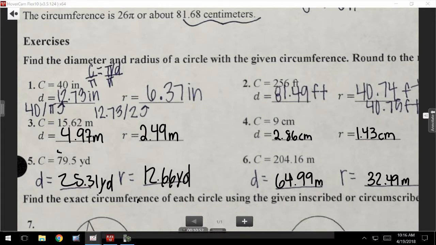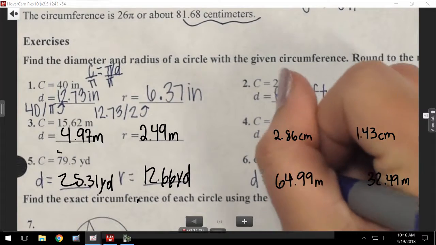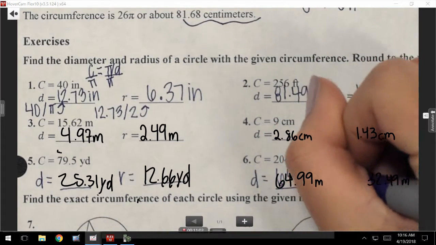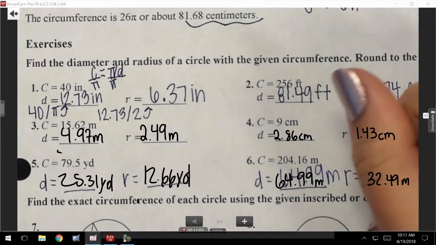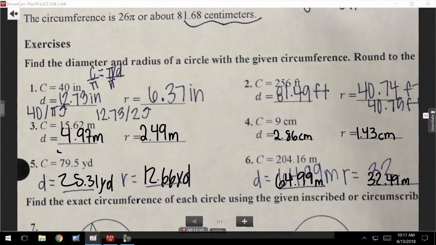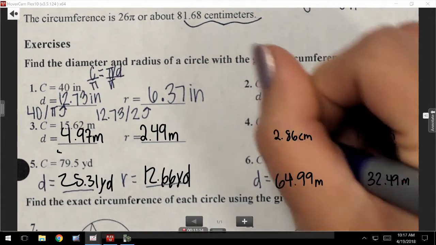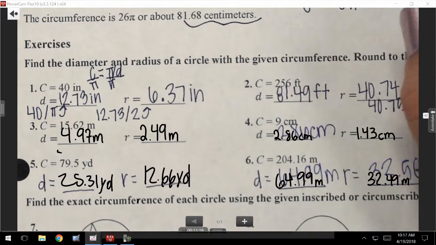So 204.16 divided by pi is 64.99 meters. And then divide that in 2. So it should be 32.50. Is that what you're saying? You rounded up to 50? Okay. Either one, because if you don't replug it in, you'll get the same thing.